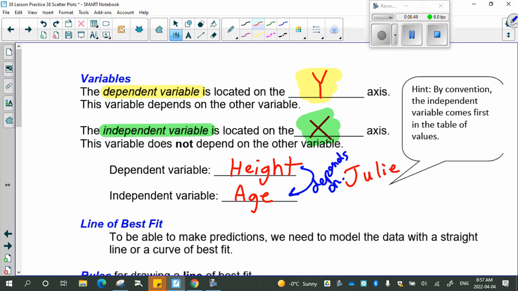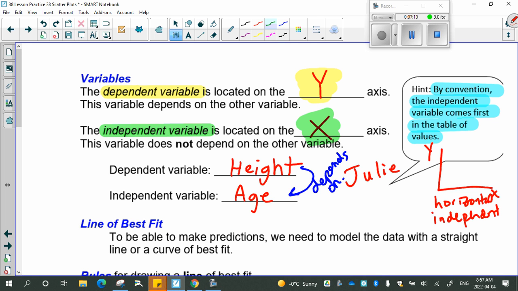Okay, height depends on age. And then you can see this, we've done it so many times, but good to note, by convention, the independent variable always comes first in the table of values. Also by convention, it's always on the horizontal axis. Horizontal is independent.